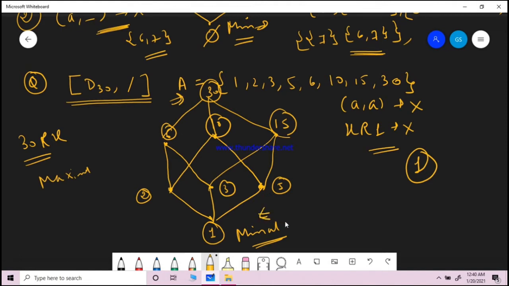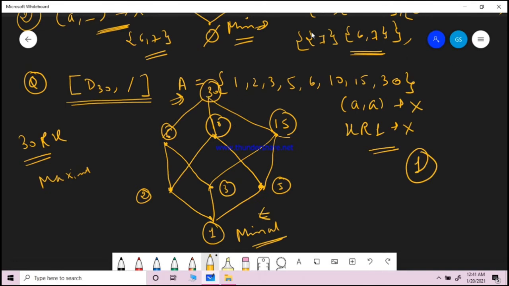And let's see another example. As we know, any poset can definitely contain more than one element in the lower side or in the upper side. So when you draw a diagram, it is possible that you have multiple elements in the lower section and multiple elements in the upper section.